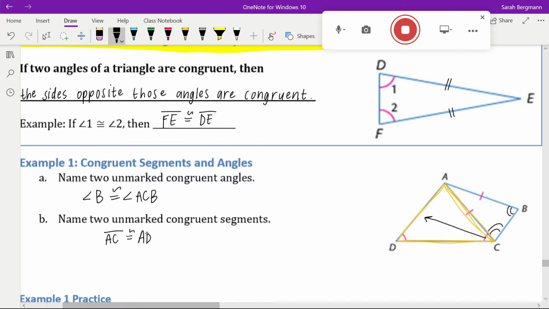Since the two angles are congruent, the sides across from them must also be congruent. That would be by the converse of the isosceles triangle theorem.